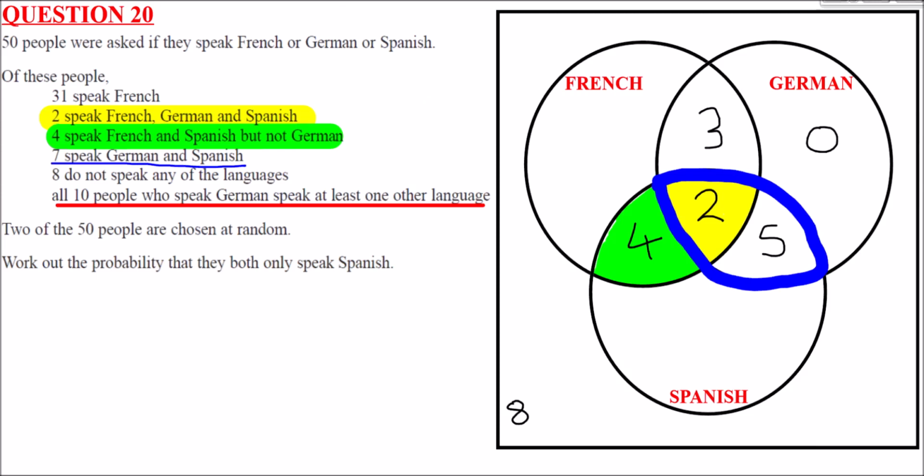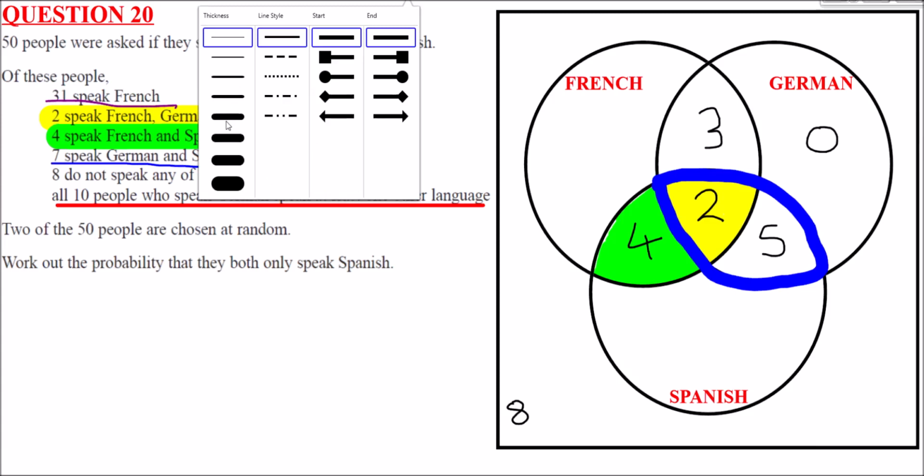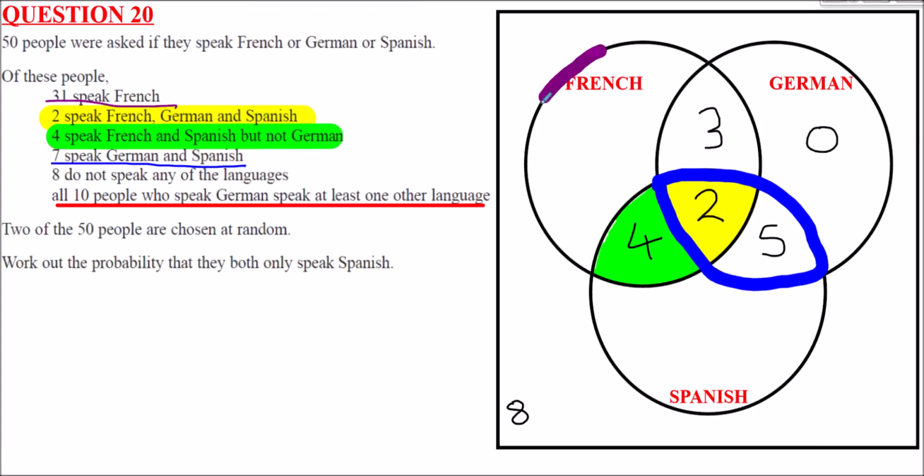So what we had from before is that there were 31 people speaking French. So in other words, the total of people in the French circle, which I'm just going over in this very thick purple colour, the total of all these numbers needs to add up to 31.